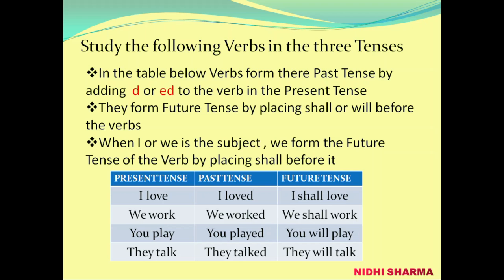The verb is in the first form with shall added before the verb. Now, see the next one. You play. You played is the second form, and in future tense we have added will before the verb play. They talk. They talked and they will talk.